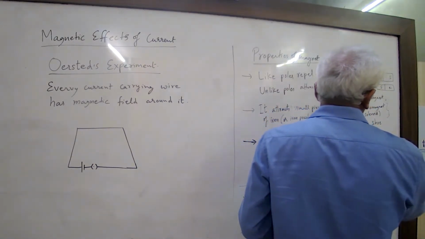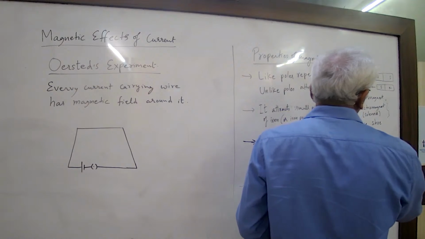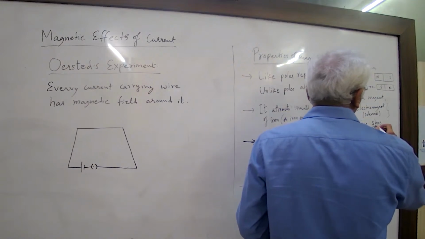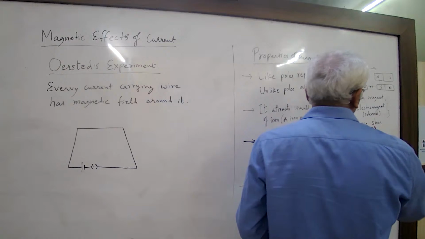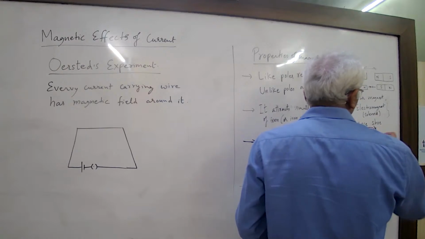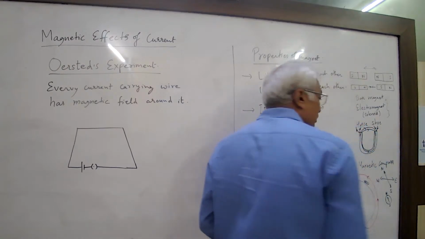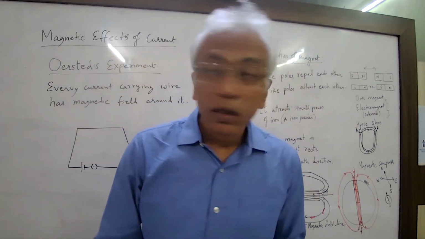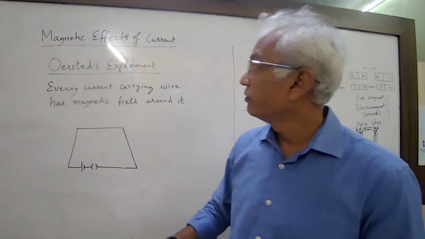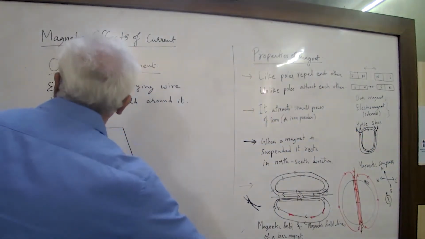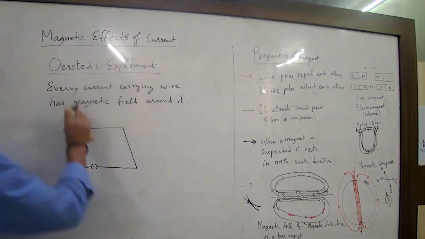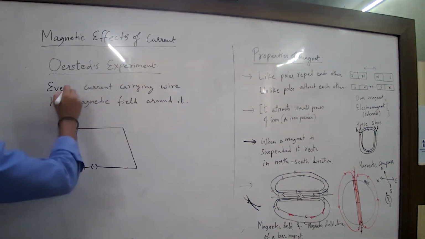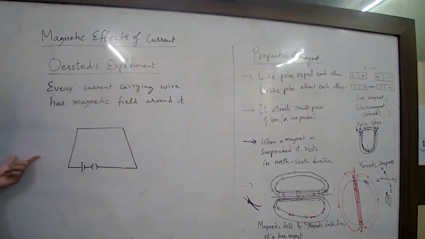And here it will be like this. Understood? So every current carrying wire has a magnetic field around it. This is the observation of Oersted.